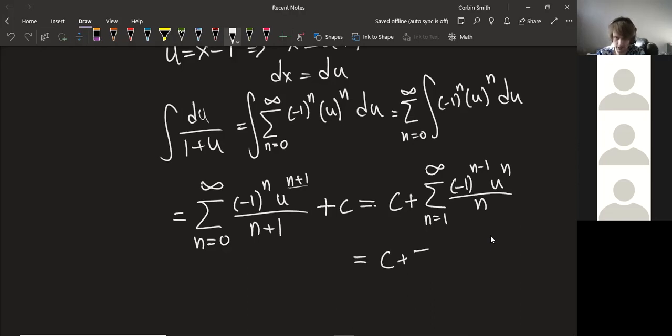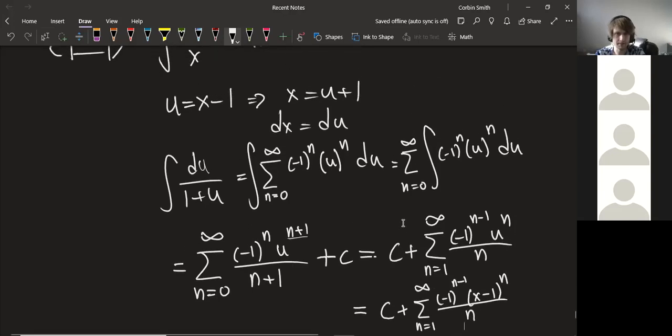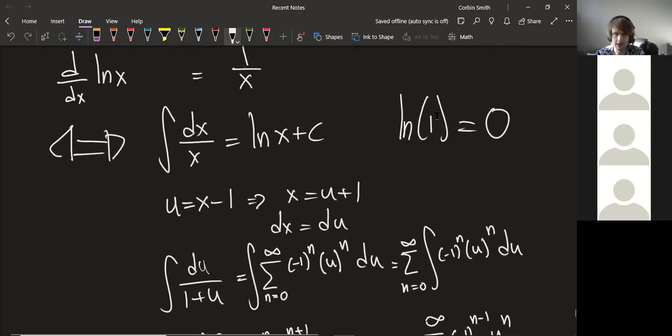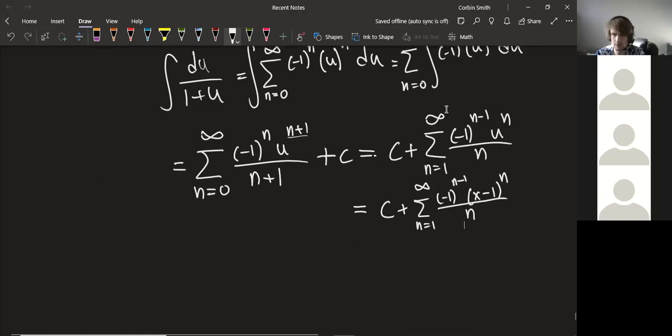So we get c plus the sum from n equals 1 to infinity of (-1)^(n-1) times (x-1)^n divided by n. Great. So we need to find c, but we are insisting that the natural log evaluated at 1 is 0.